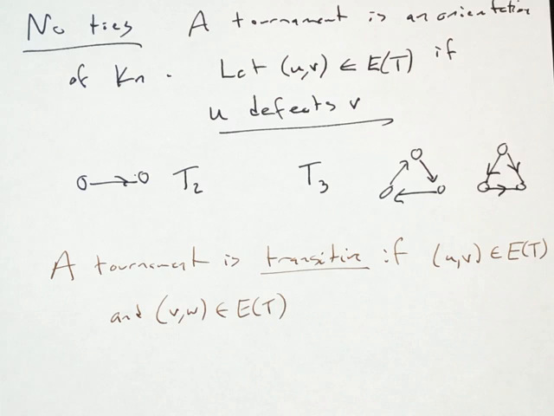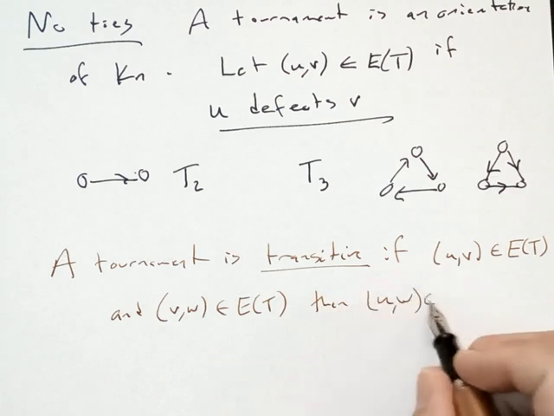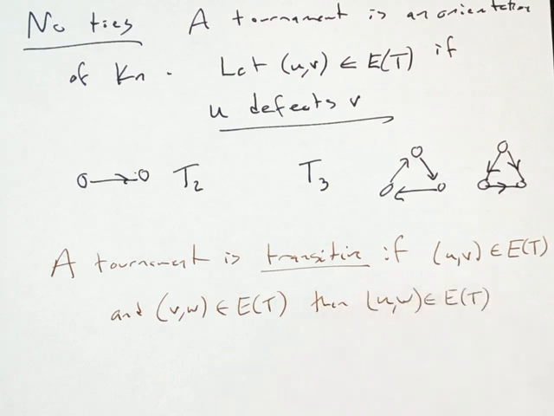If UV is in the edge group and VW is in the edge group, then UW should be in the edge group. Okay. Question. I have 2 different graphs that are not isomorphic of order 3. Are either of them transitive?